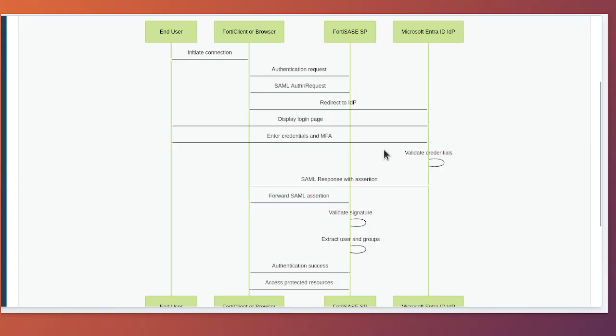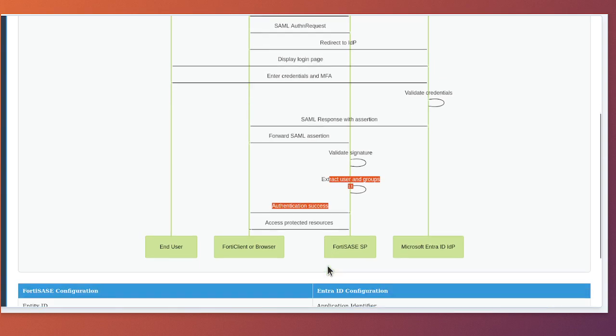Upon successful authentication, Entra ID generates a SAML assertion containing user identity and group membership information. This assertion is sent back to FortiSASE, which validates the signature and extracts user information. FortiSASE then uses the authenticated identity and group membership for policy evaluation, determining what resources the user can access.